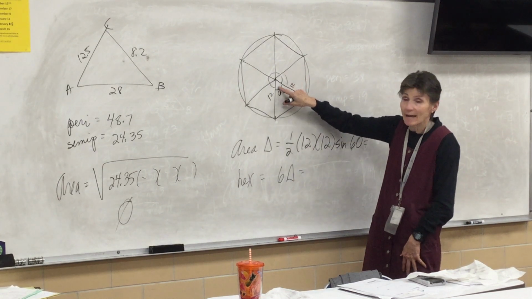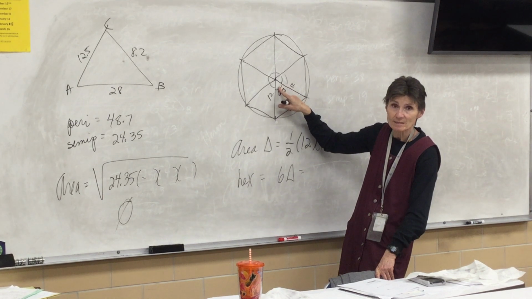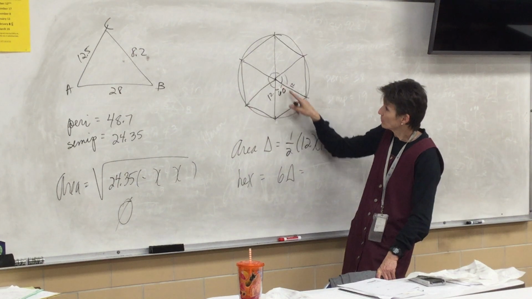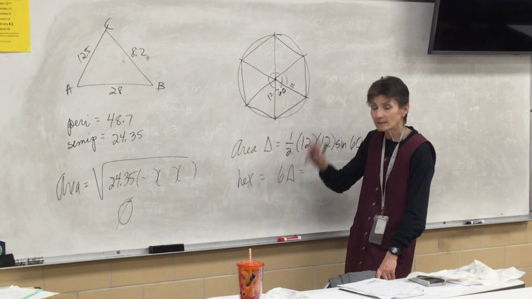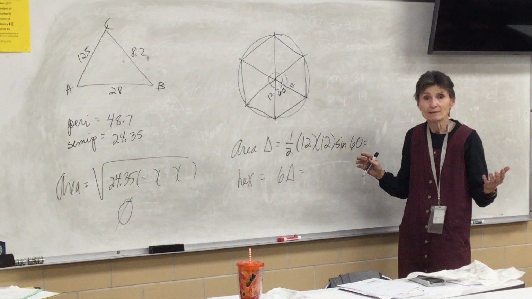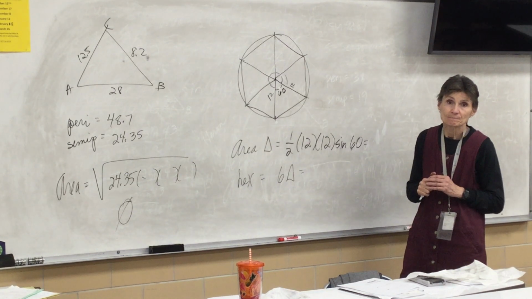And the central angle then wouldn't be 360 divided by 6. It would be 360 divided by 5. And you could find the area of your triangle, times it by 5, and that would be your pentagon. Decagon, octagon, doesn't matter. Whatever agon you've got, you can use this strategy to find its area.